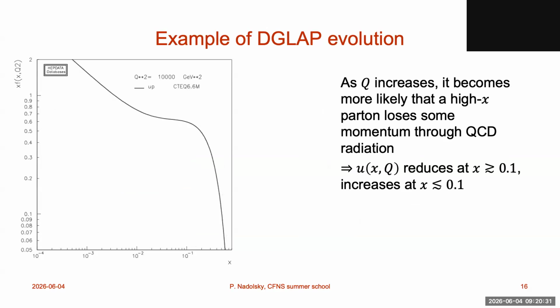What you see basically is a reduction of the probability at x above 0.1, and a rapid growth of the probability at x below 0.1. So there is this kind of sweet spot at x about 0.1, where the quark PDFs almost do not evolve. That's an interesting place.